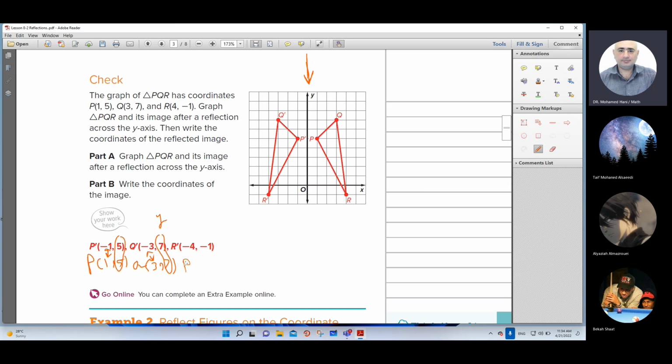The same idea, compare R and R prime. This is R, 4 in the x and negative 1 in the y.